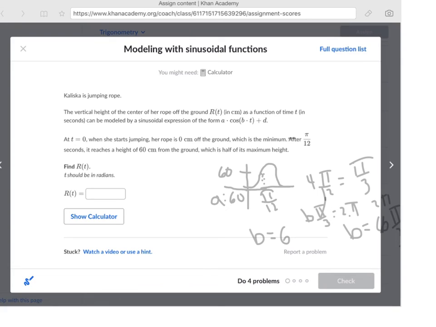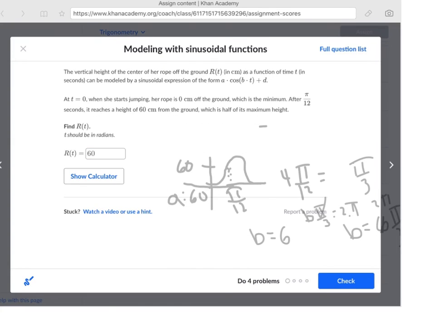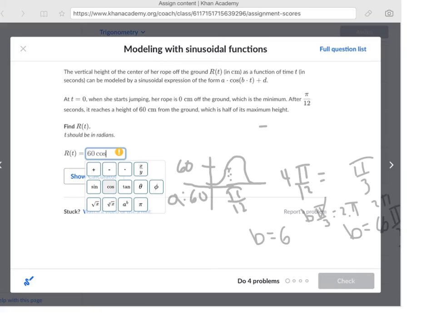So let's try to put that in here. Let me give it a whirl. So we've got 60. And now we got cosine. Okay, but we do need parentheses, so let's just put in parentheses and go back down to here so we make sure we know what we're doing. And it's just 6, so that's easy enough.